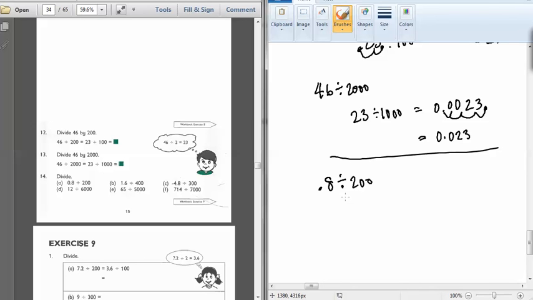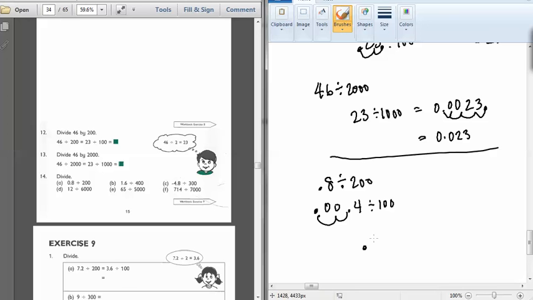Let's see if that's true. 0.8 divided by 2 is 0.4. But we still have to divide that by 100. Because if we're doing 200, we divided it by just straight 2. Now we still got to do the extra 100. So the extra 100 will take this decimal place and move it 2 times to the left. 1, 2.